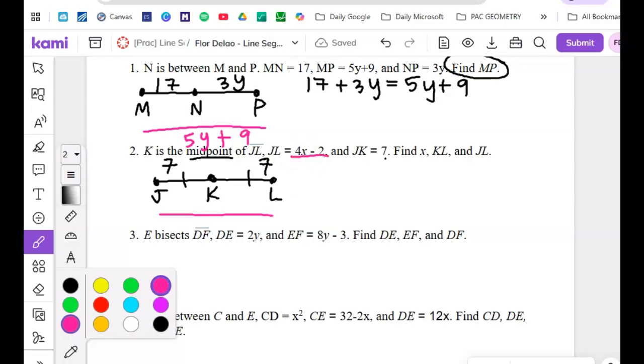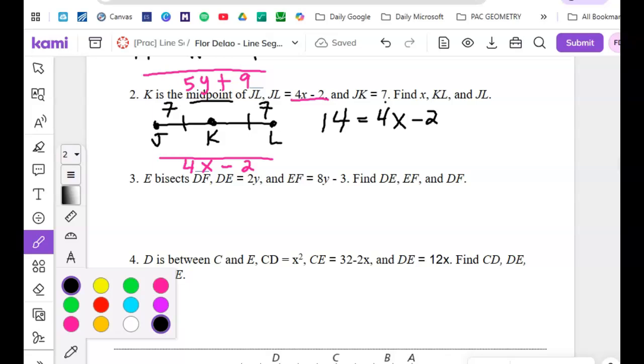What's the expression? 4x minus 2. So that means 14 has to equal 4x minus 2. See what we did? Can we solve for x now? Yes. Add 2, divide by 4. You good? Alright, that's number 2.